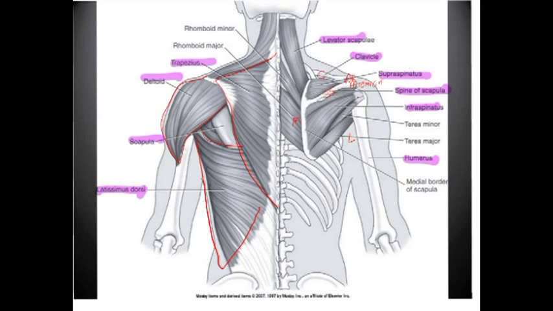When we actually get into the scapula, we have the infraspinatus muscle. We have the supraspinatus muscle. The levator scapulae, the rhomboids.